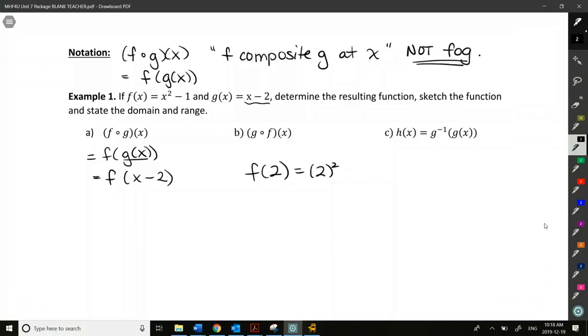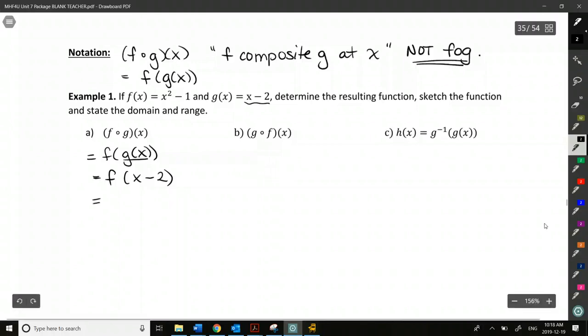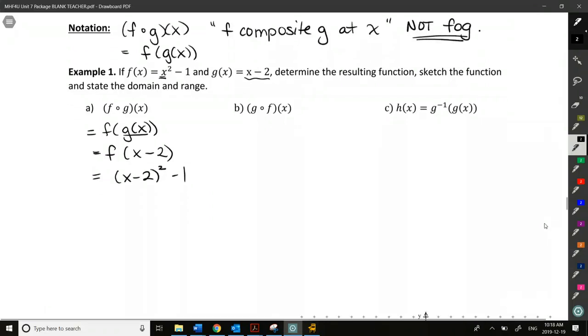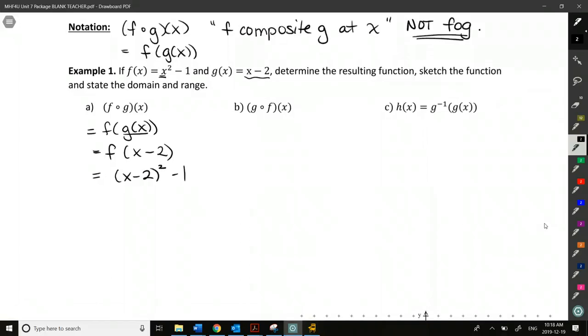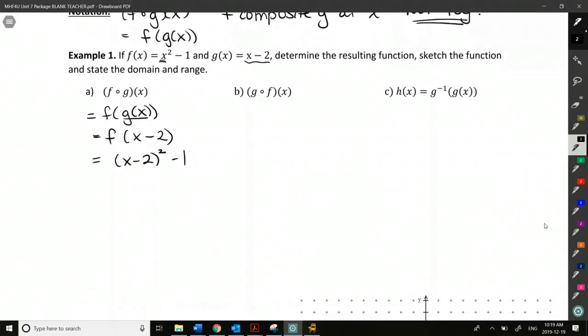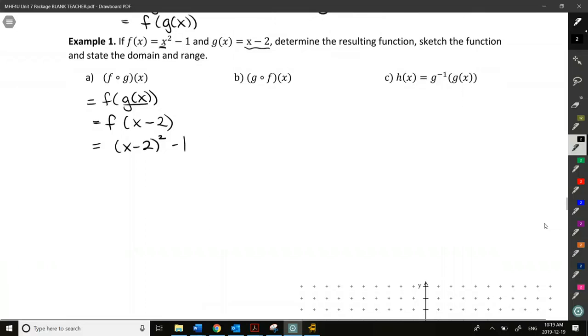So if I want to evaluate f at x minus 2, I am going to sub in x minus 2 wherever I see an x in f at x, right? So in this spot for x, we're actually going to replace that with x minus 2. So I will have x minus 2 squared minus 1. Okay, and then perhaps we could get this into factored form.